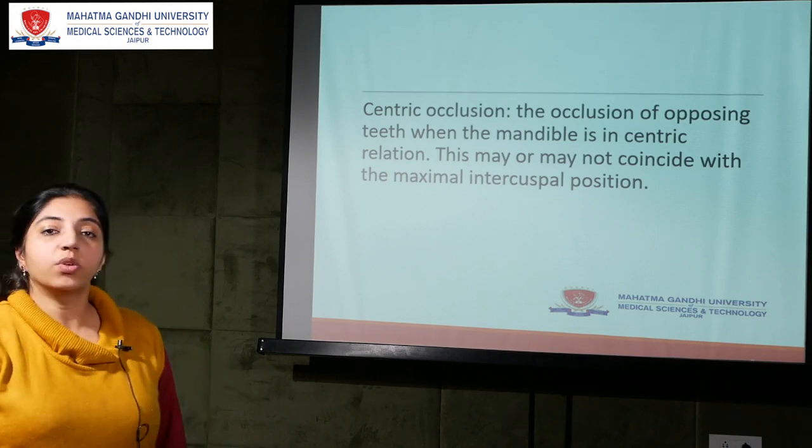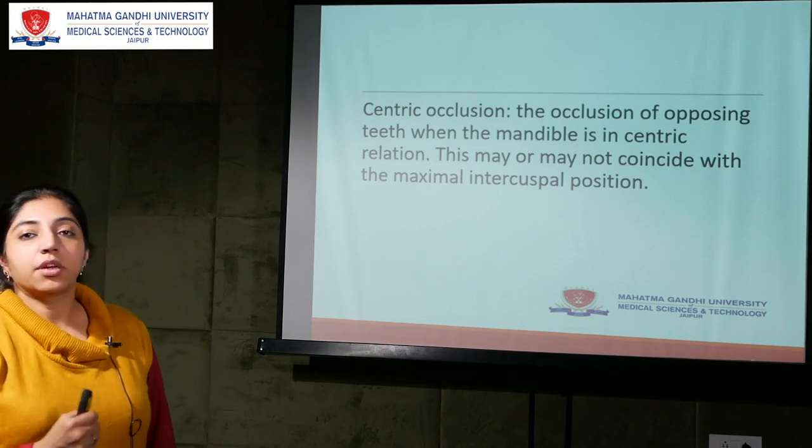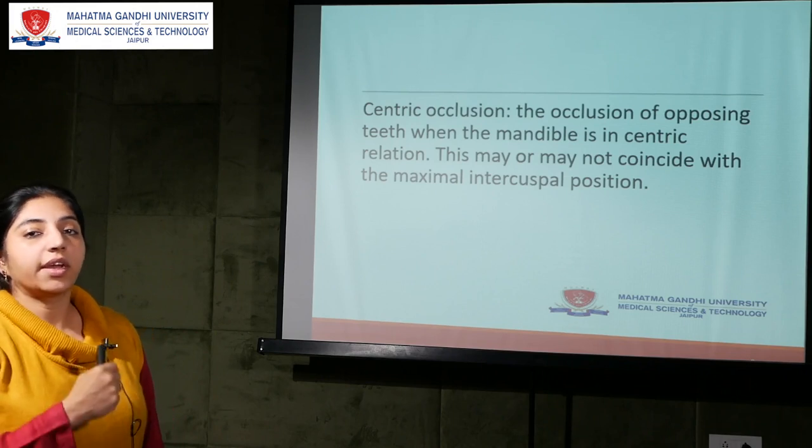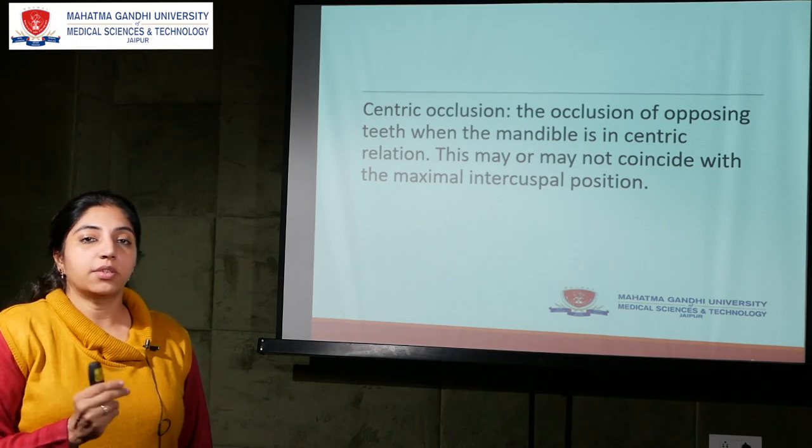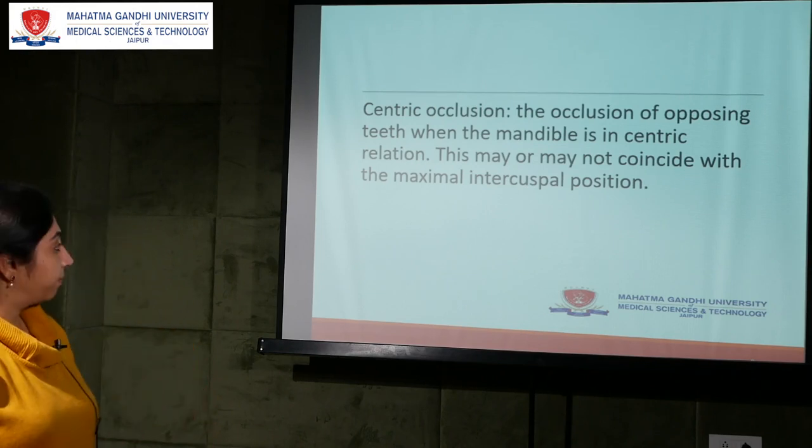In edentulous, we ensure that the maximum intercuspal position is coinciding with the centric occlusion, but it is in the dentulous patients that it may not coincide.